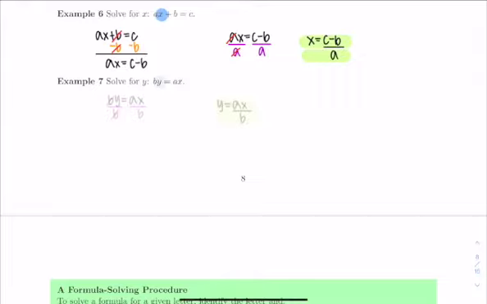by equals ax, and we want to solve for y. So we can undo the multiplication by dividing both sides by b. And so it cancels on the left, and we get y equals ax over b.